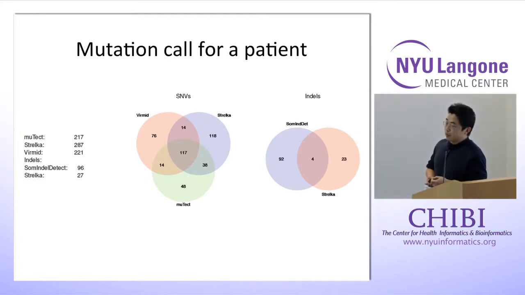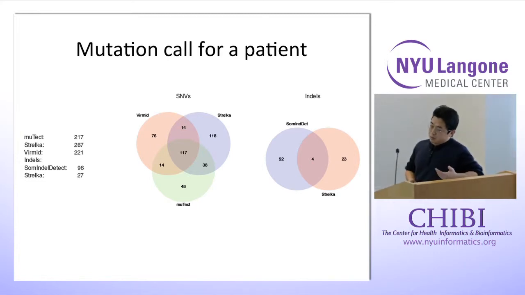So there are many factors that can affect this kind of discordance, why some algorithms call the mutations but the others will miss.